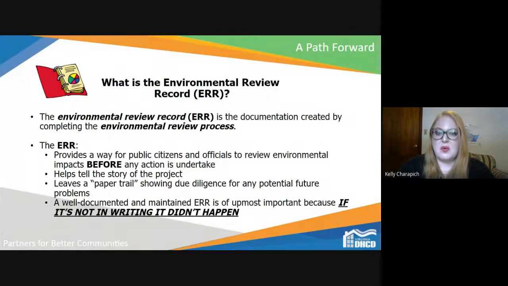We don't want this to happen, but if issues arise in the future, you have a document that shows that you did your due diligence. On that note, if it's not in writing, it didn't happen. So make sure to document everything in your environmental review record, because things could happen, and you want to show that you did your due diligence.